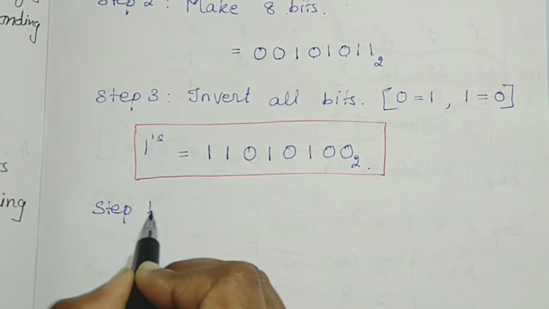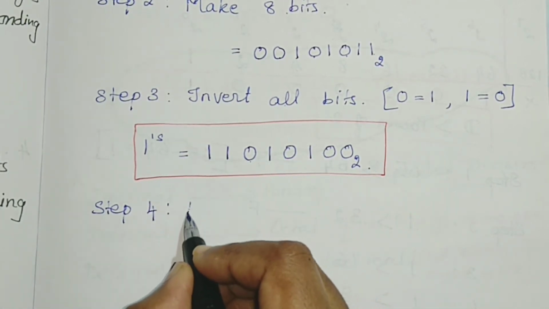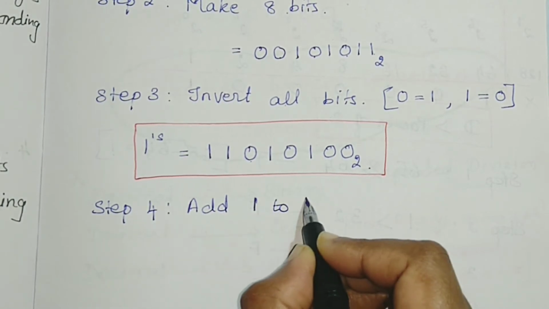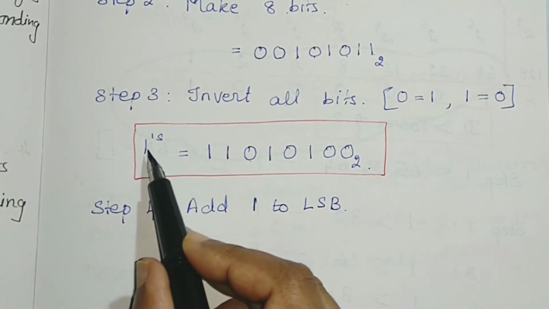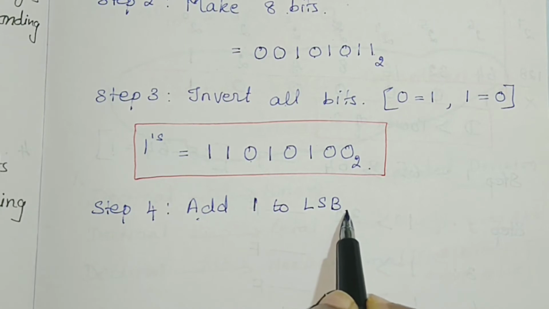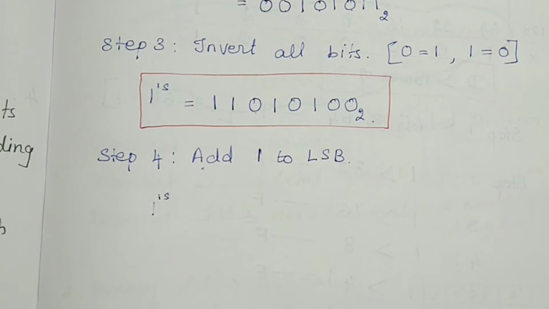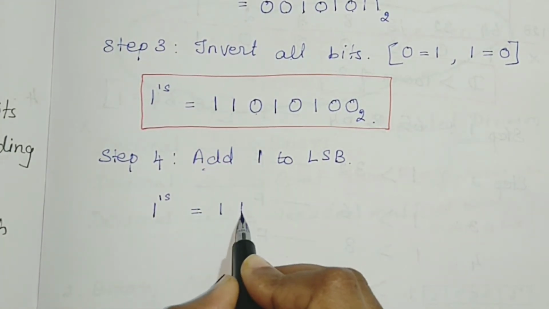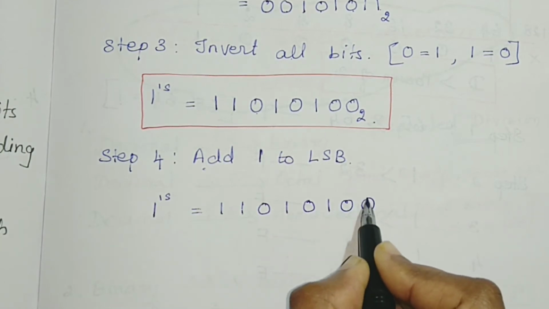And the final step is 2's complement, and with that it is getting over. 2's complement means we have to add 1 to the least significant bit. This addition should be done on the 1's complement result. So let's do it. 1's complement, let's write the number: 1 1 0 1 0 1 0 0.